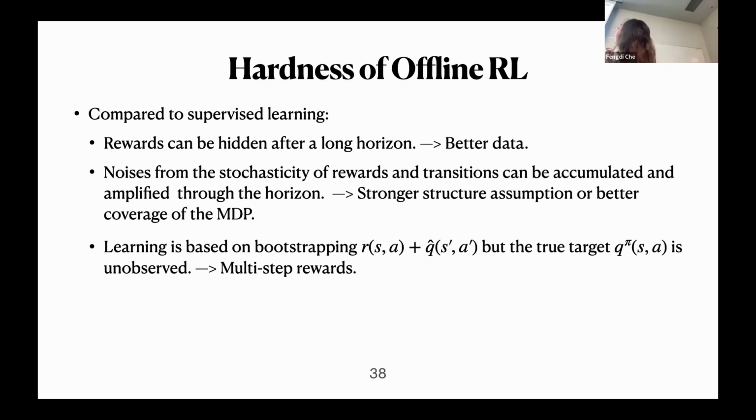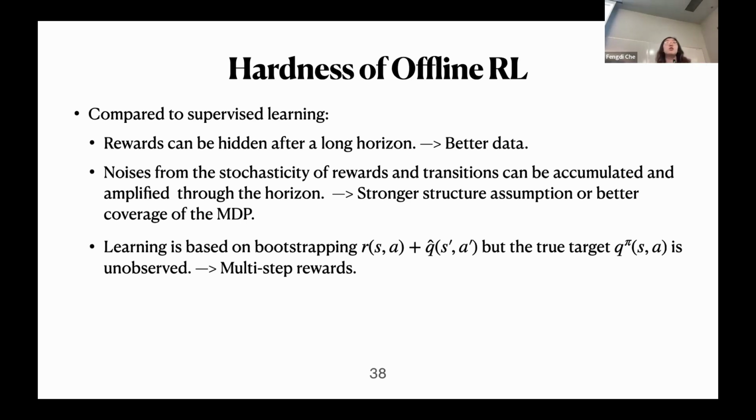They told us the noise from stochasticity of rewards and transitions can be accumulated along horizons and can be amplified exponentially. So I observe some stochastic reward at horizon h. The error is very tiny, it's just epsilon.